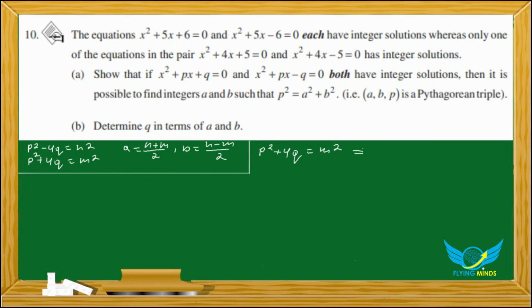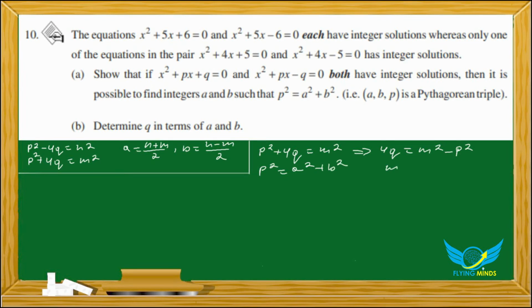From here, 4q equals m squared minus p squared. And again, we know p squared from part A equals a squared plus b squared.